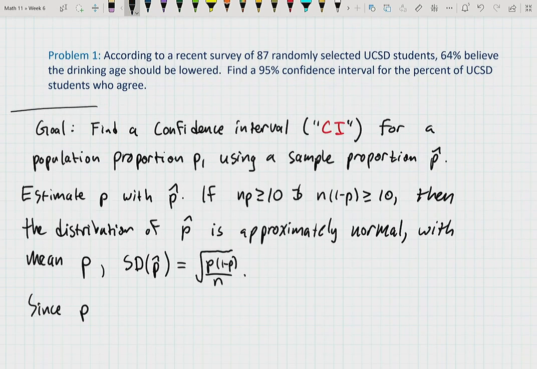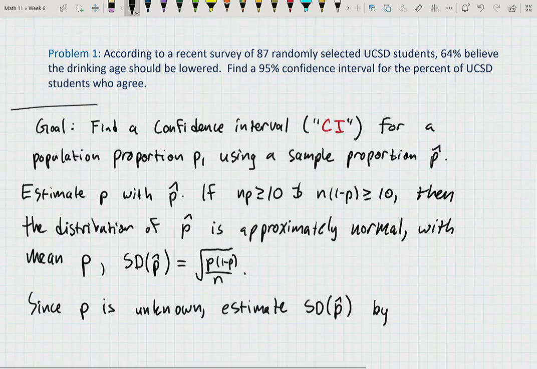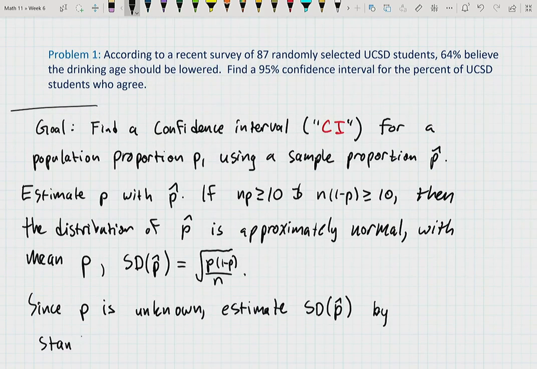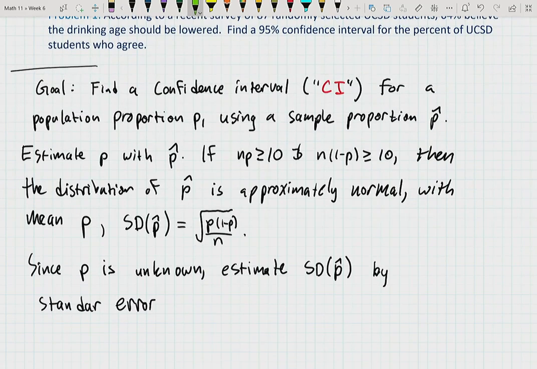Since p is unknown, we're going to estimate the standard deviation of p hat by the so-called standard error. Instead of SD, you use SE to abbreviate it.